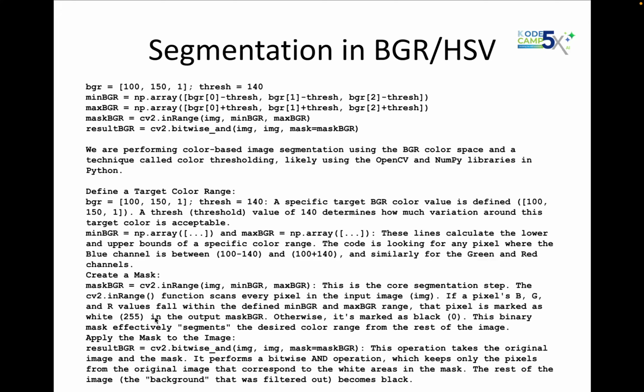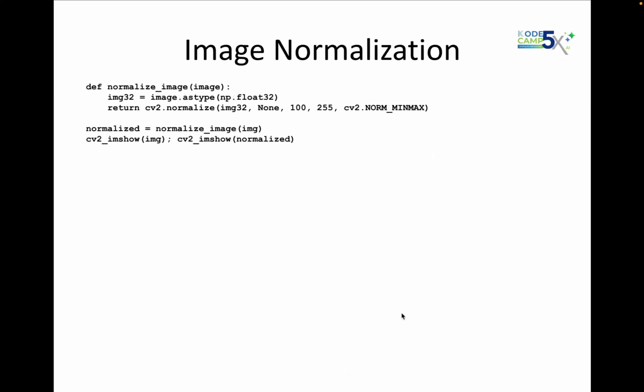If it doesn't fall in between these two values, then we mark it as zero. Then we use this bitwise operation to take the original image and just mask it, and then we get our result. So it's very, very simple.